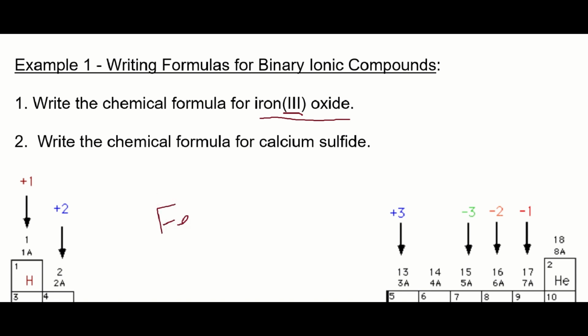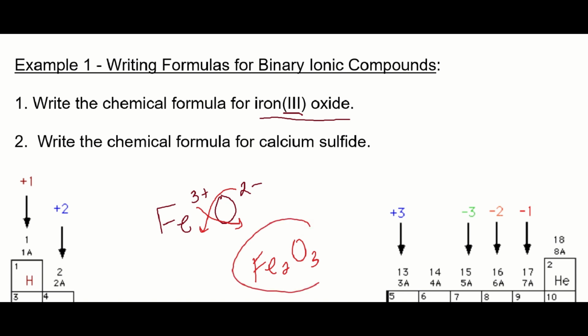So in this problem, iron forms a 3+ cation, and oxide is oxygen, and oxygen forms a 2- charge because it gains 2 electrons in its most stable ion. Now we're going to take these numbers and crisscross them to the subscript of the other element, and the formula for iron oxide is Fe2O3. Don't bring the charges down, it's just the numbers, and we got the ratio that way. There's our answer for iron(III) oxide.